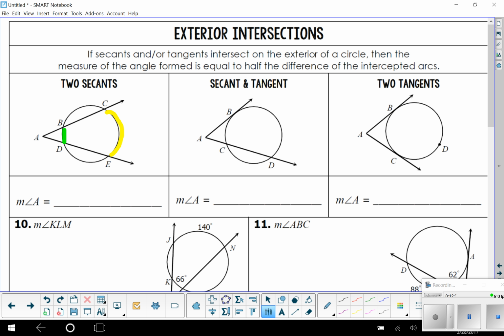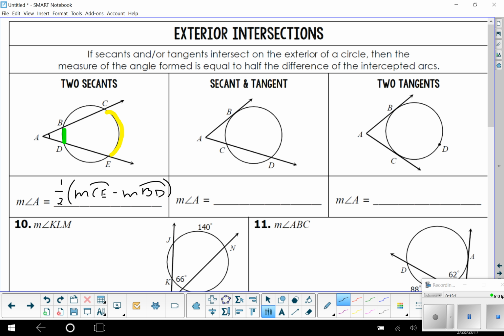So for the formula, the measure of angle A, which is this guy, is going to equal 1/2 times the measure of arc CE minus the measure of arc BD.